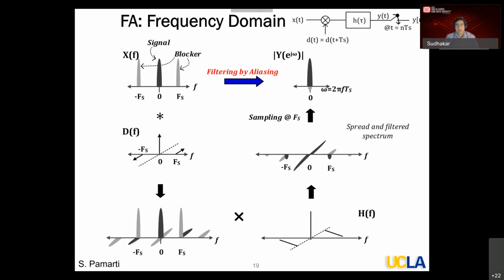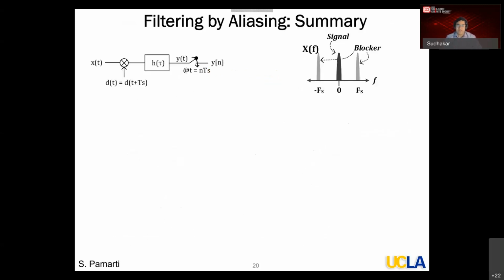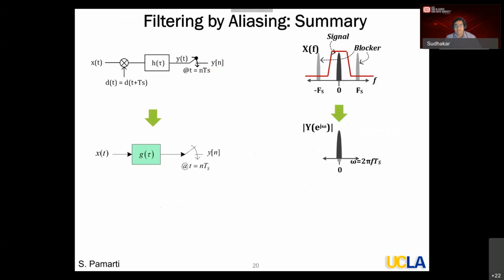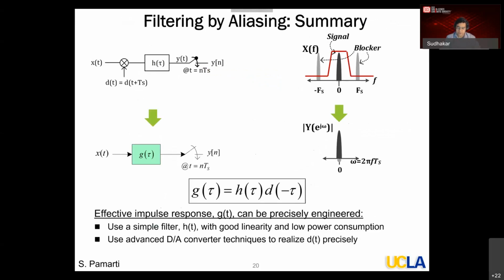Okay. So in summary, basically what I'm saying is that it is as if I have an effective filter whose impulse response is g of tau, which is a product of the simple h of tau and d of minus tau. Like I said before, h of tau is a simple filter that is chosen primarily for its linearity and low power consumption, something as simple as an RC or a first order integrator.